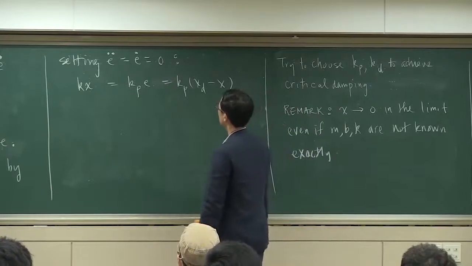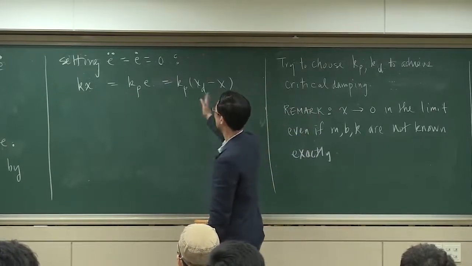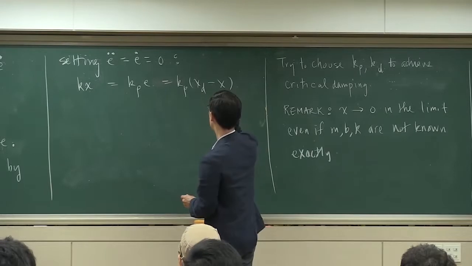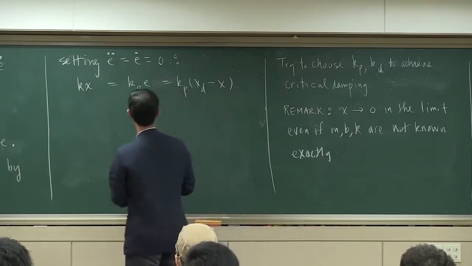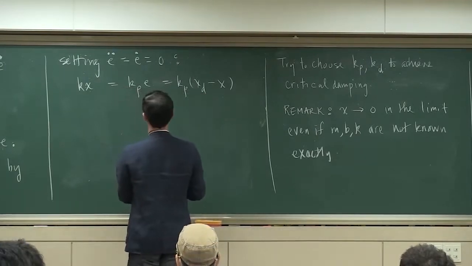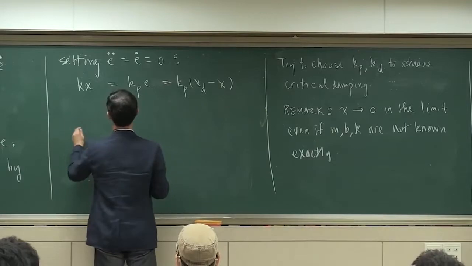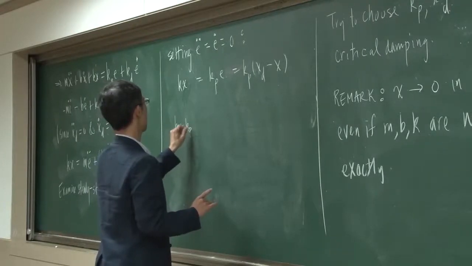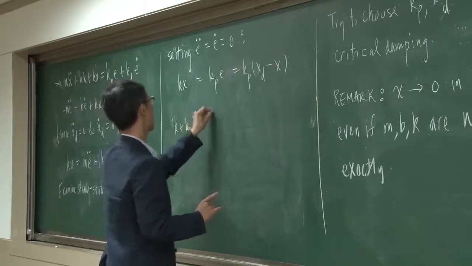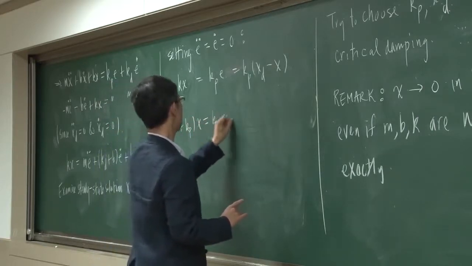I guess you can manipulate this a little bit, clean it up. So let's see, we have k plus kp times x is equal to kp xd.